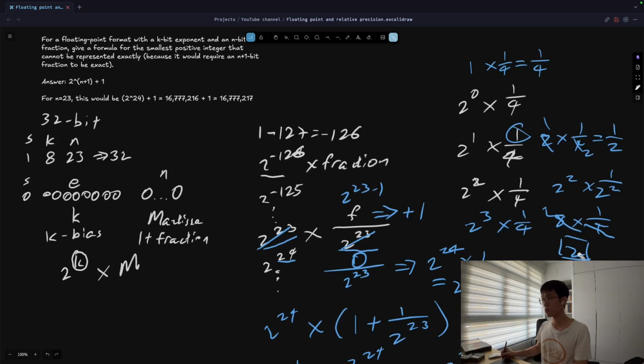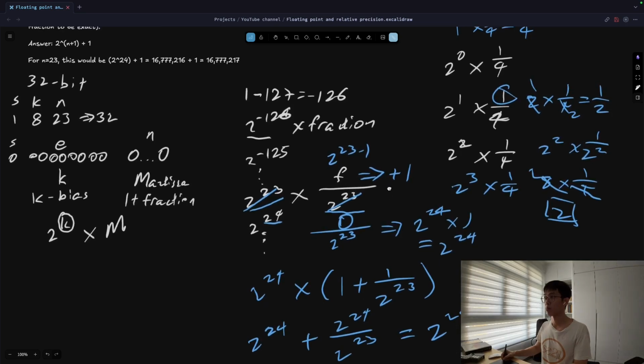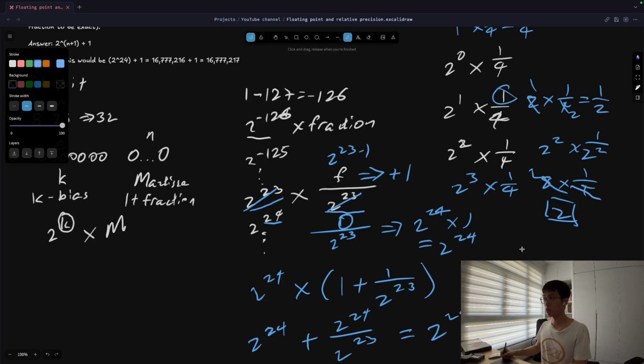And the same concepts apply here because the increment in the smallest fraction bit is 2 instead of 1. So 2 to the power of 3, if this fraction value is 0, you get 8, which you can still represent exactly. But if you increment here by 1, let's just write this down.